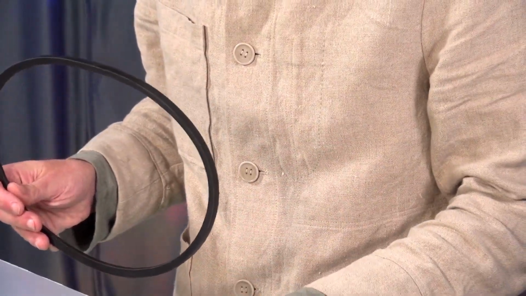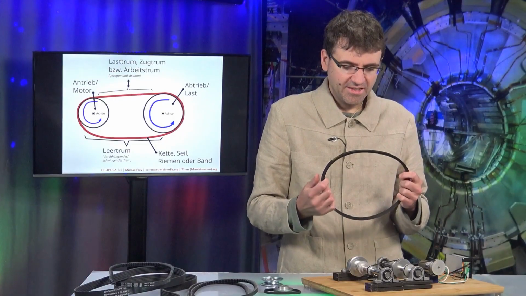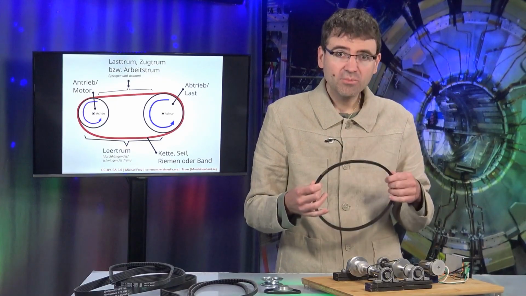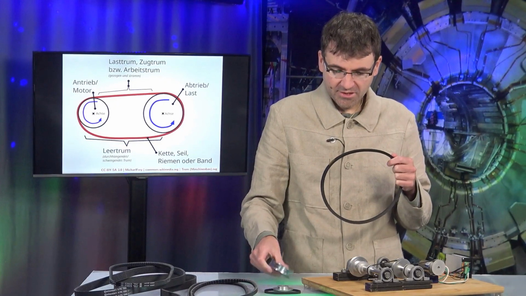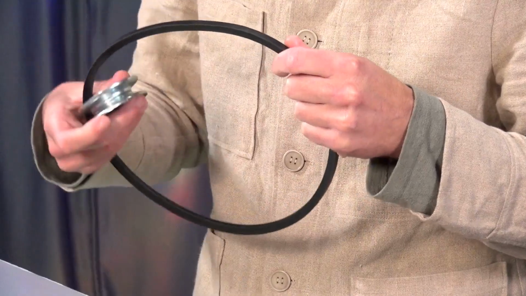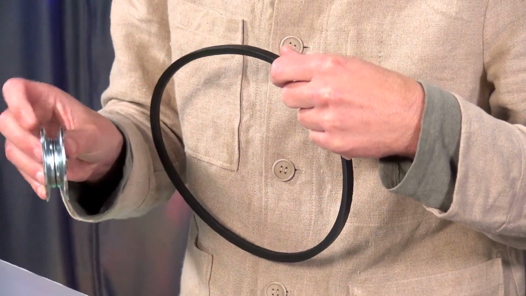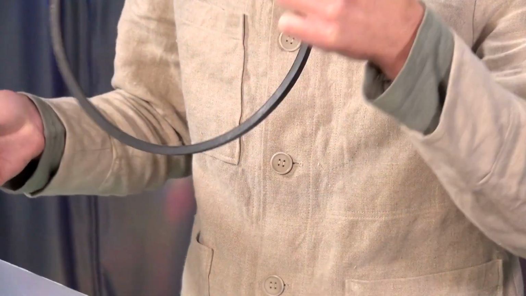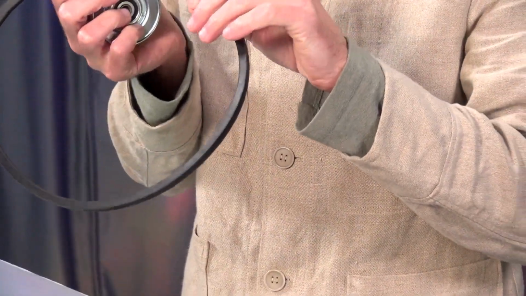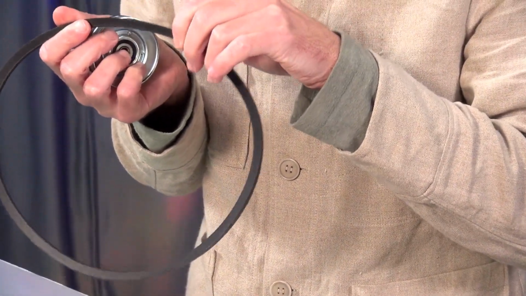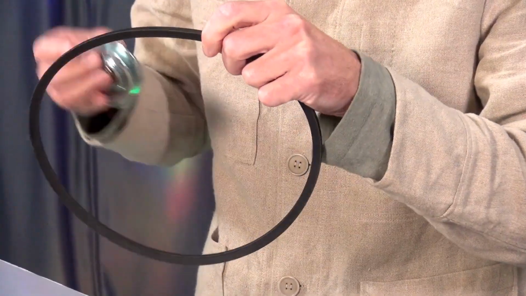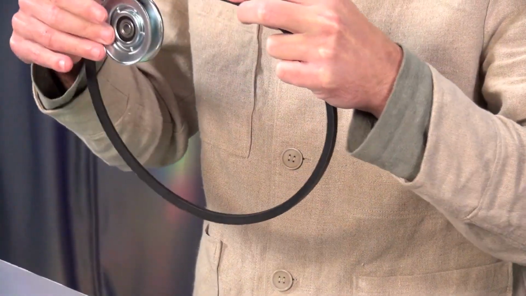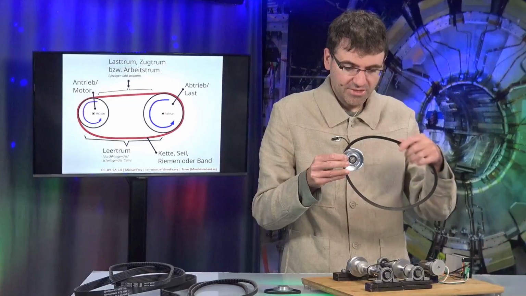Let's stop the system. I want to show you something else. For this example, I am holding a V-belt in my hand, and I also have a V-belt pulley right here. Here we observe that there are no teeth this time, but instead, we have the corresponding shape for this wedge, because the V-belt runs in a wedge shape down here, and I am able to now place it onto this pulley.